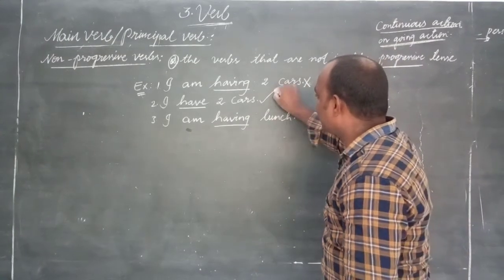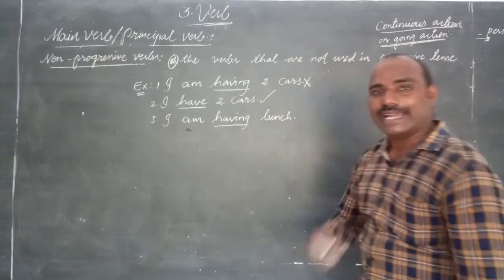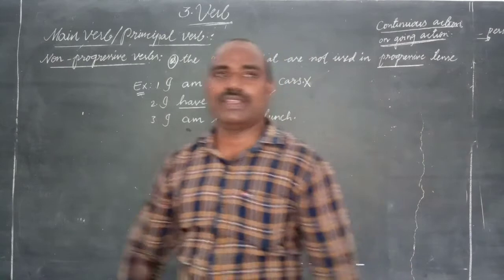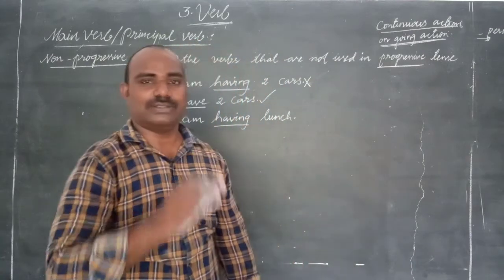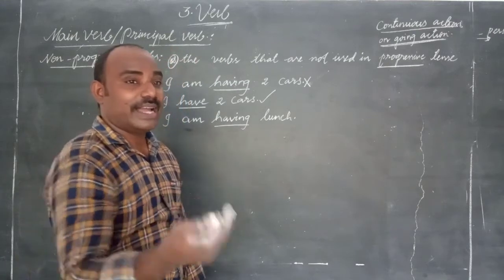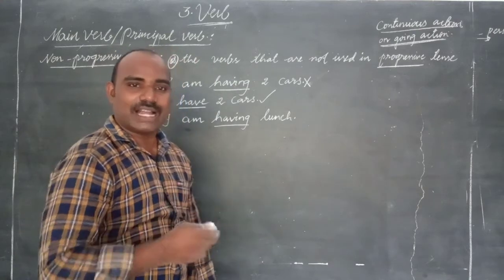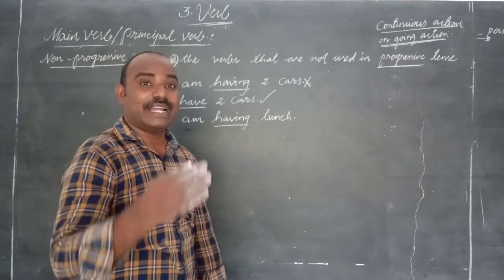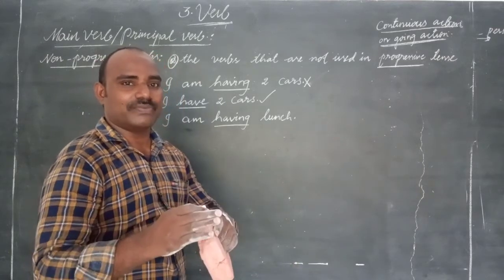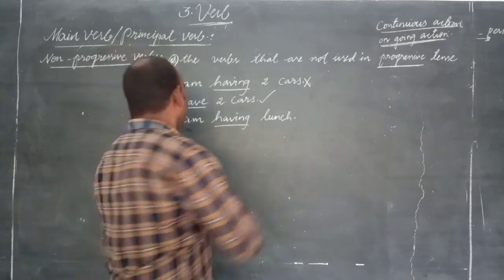You must say it this way: I have two cars. She has two computers. They have two homes. You should not say she is having two cars, I am having two computers, or they are having two homes. You should not say it, because there is no action, there is a possession.